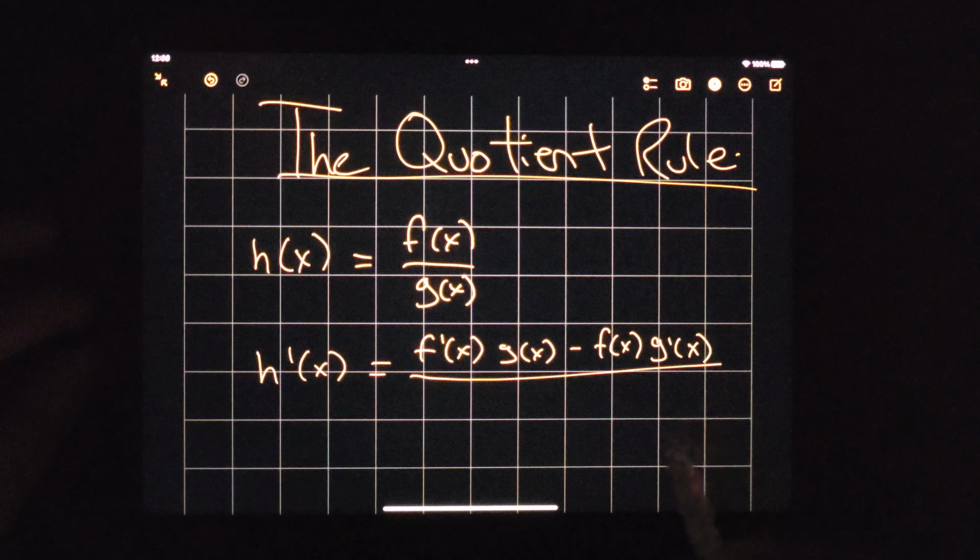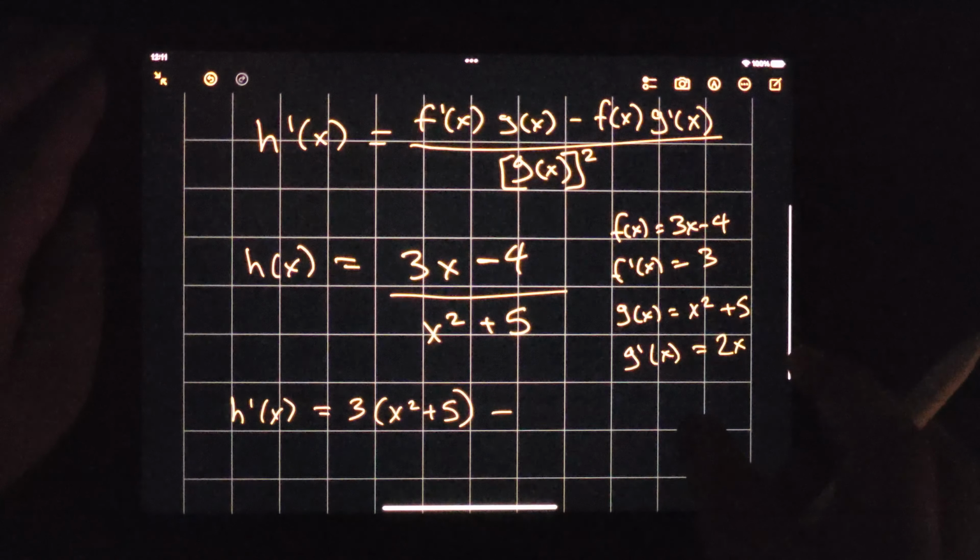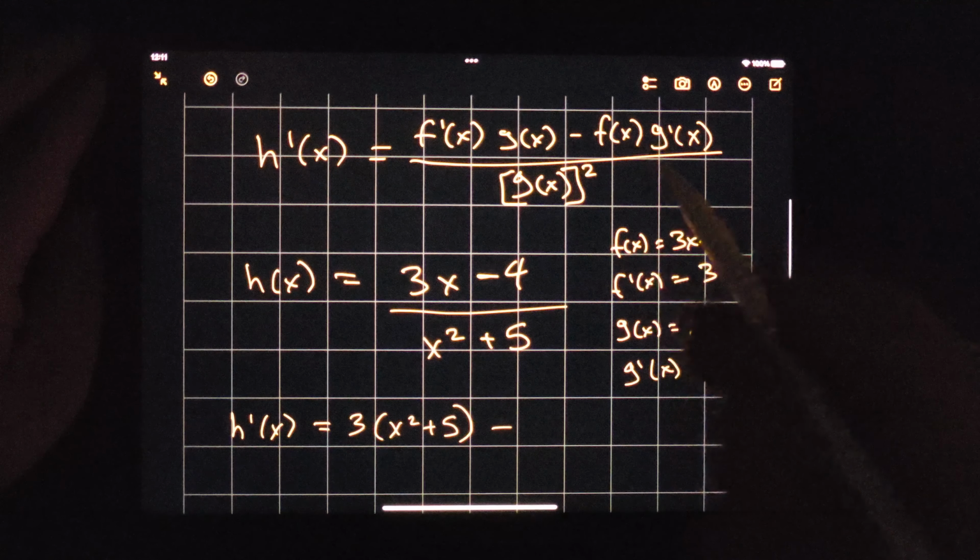So let's see if we can write h prime of x equal to f prime of x, which is 3, times g of x, which is x squared plus 5, minus our f of x here.